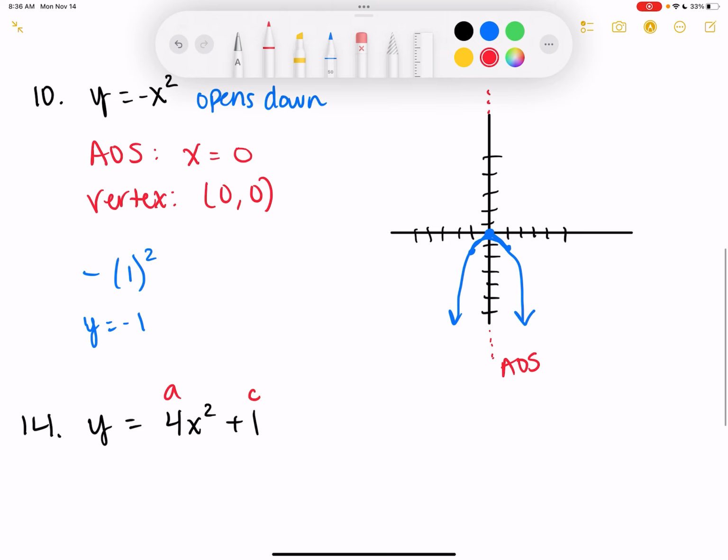So my axis of symmetry is minus b over 2a, so c doesn't change anything. I don't have a b term, so my axis of symmetry is at x is equal to 0.